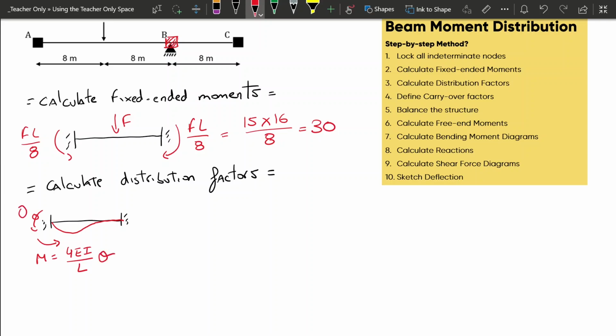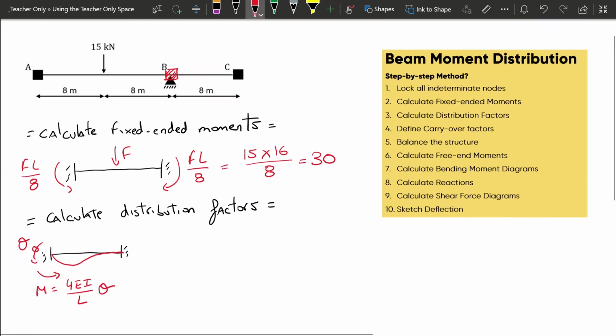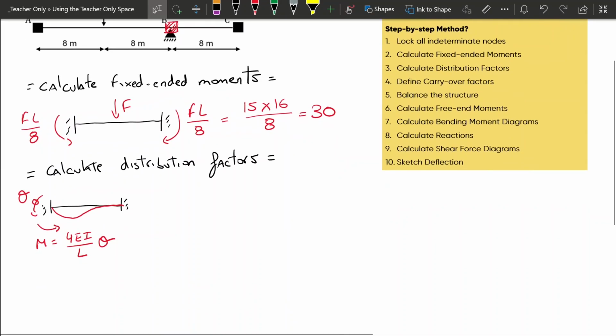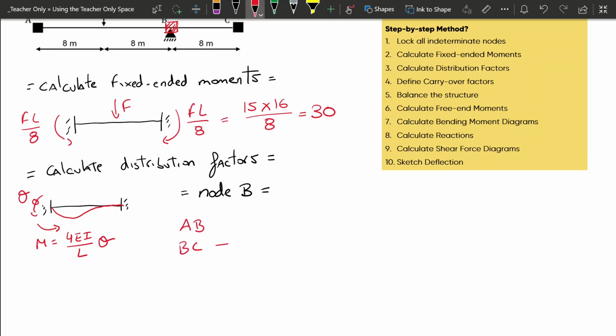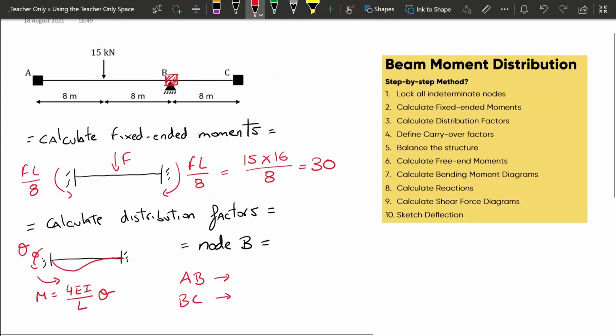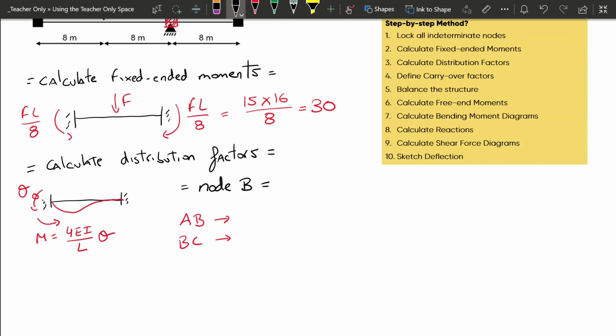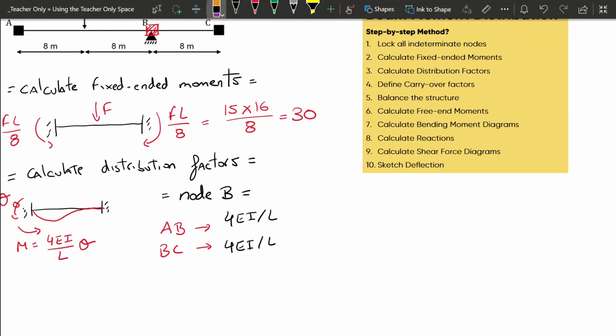So in this particular case, we're going to have 2 bars, and we need to figure out the distribution factor in node B. The 2 bars we have are AB and BC. Both of them are fixed because we fixed node B, so both of them will have a stiffness of 4EI over L. In this specific example, the length of AB is 16, and the length of BC is 8.